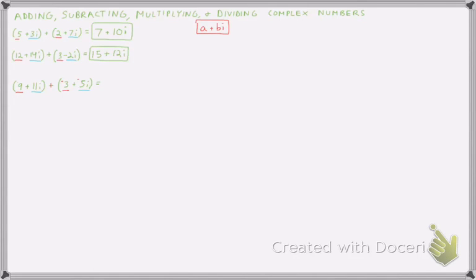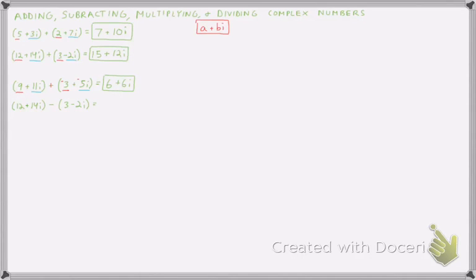So when we add our real numbers, we get 9 plus a negative 3, which is 6, and 11i plus a negative 5 becomes a plus 6i. Again, it's in the correct form, so we're able to box it. With subtraction problems, it's always easy to turn into an addition problem.